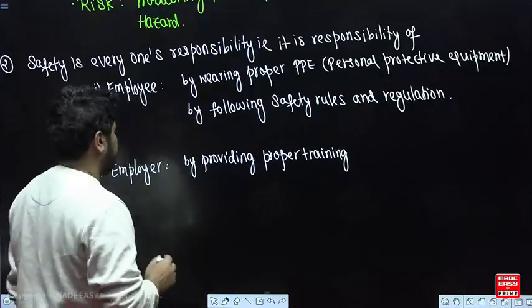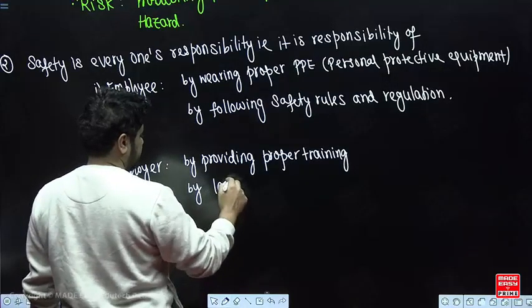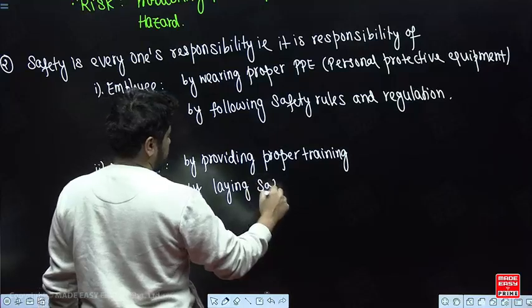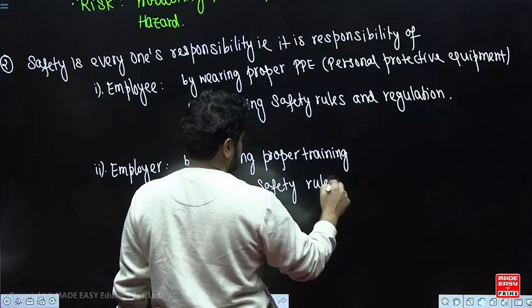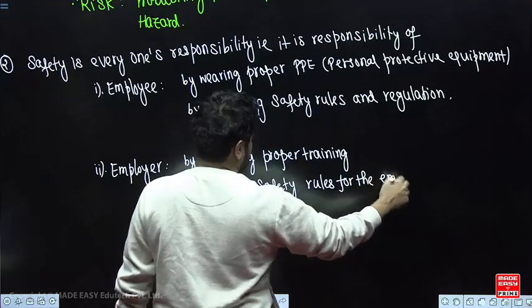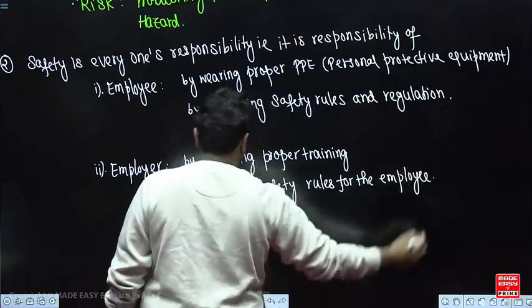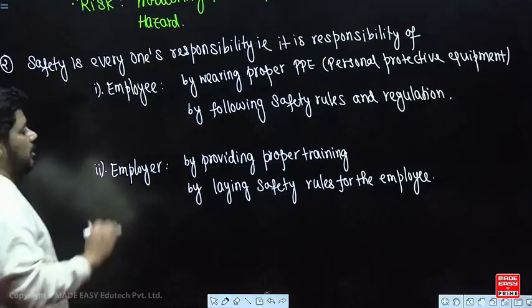So by providing proper training, by laying safety rules for the employee, है ना? एम्प्लॉय के लिए हम क्या करेंगे? सेफ्टी रूल्स तैयार करेंगे, so that the employee is going to follow it, isn't it? Right?